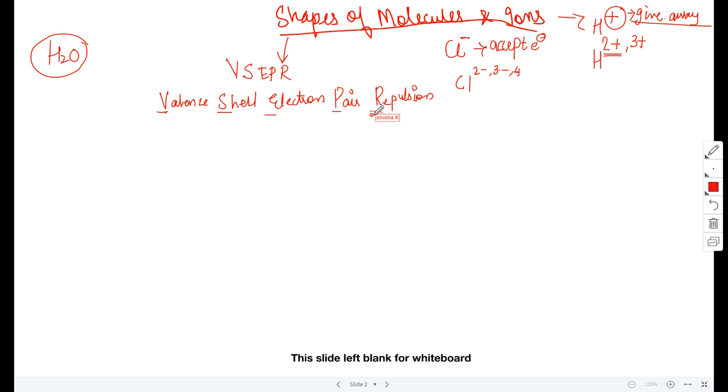This is a theory, and according to this theory, we are going to see the shapes of different molecules and ions. Okay?